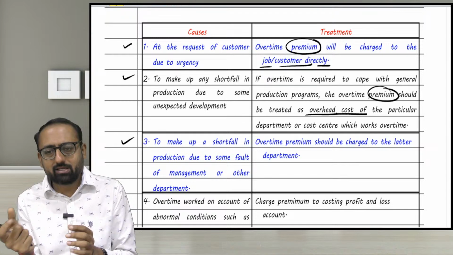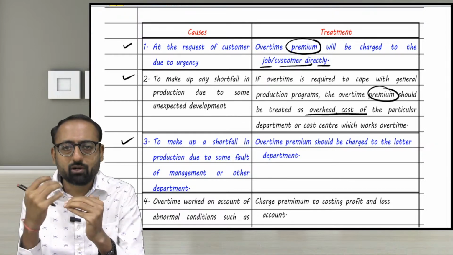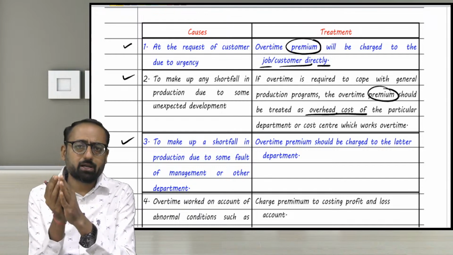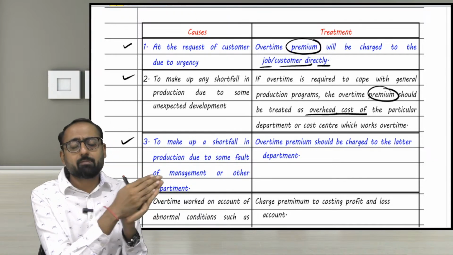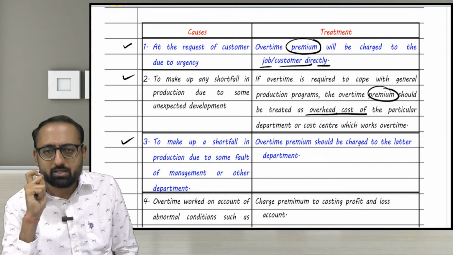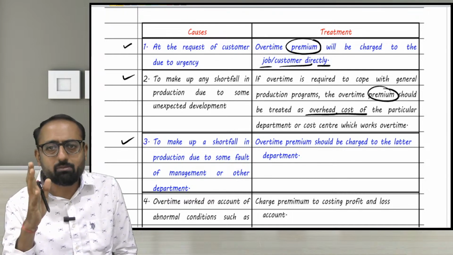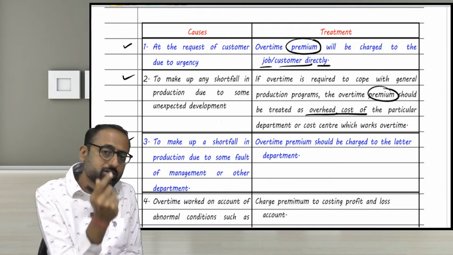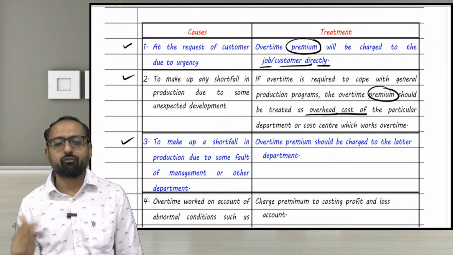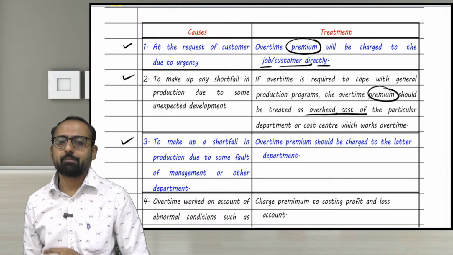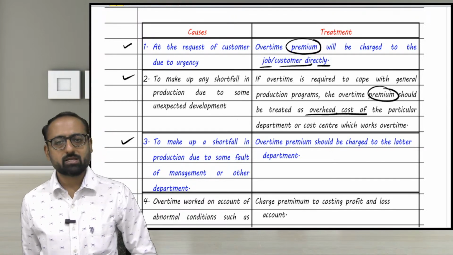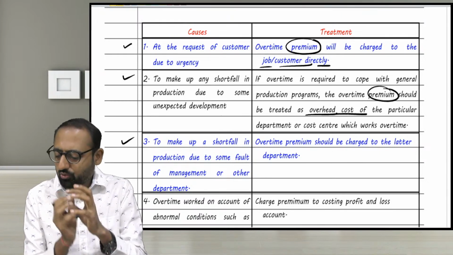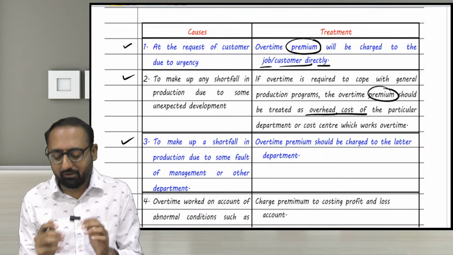To cope with this, the production department decided to work overtime. Now, overtime is worked by the production department because of the fault of another department, the purchase department. In such a situation, the premium, the extra charge for that overtime, will be charged to the department that is in default. In our example, the defaulting department is the purchase department. So the entire premium will be charged to the department in default.